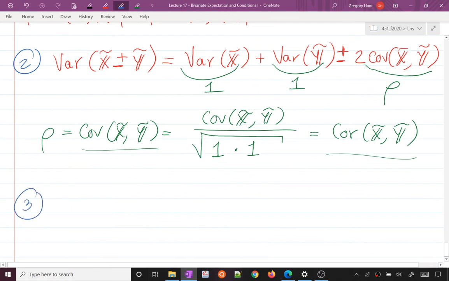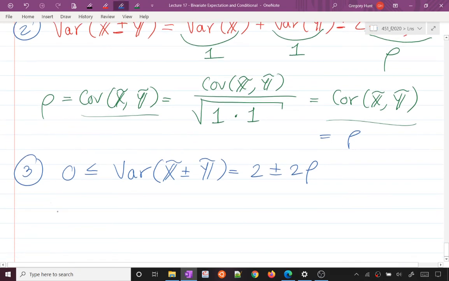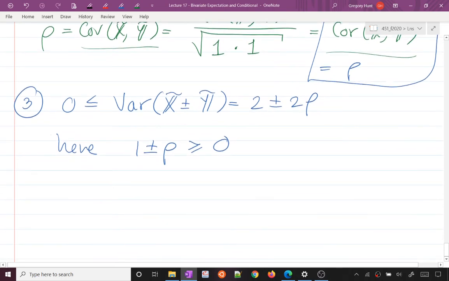So let's put this together. The variance of a random variable is always nonnegative. So I have the variance of x tilde plus or minus y tilde is 1 plus 1, which is 2, plus or minus 2 times the correlation. This correlation is also rho, right? And hence I can divide each side by 2, and I have 1 plus or minus rho is bigger than or equal to 0. So rho here again is my covariance, or equivalently correlation in this case.